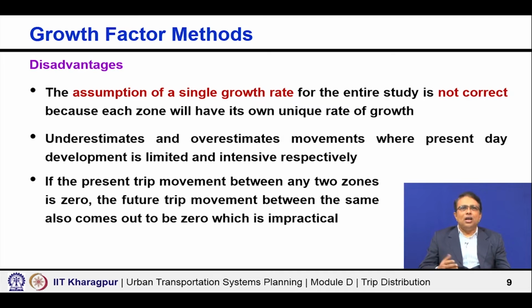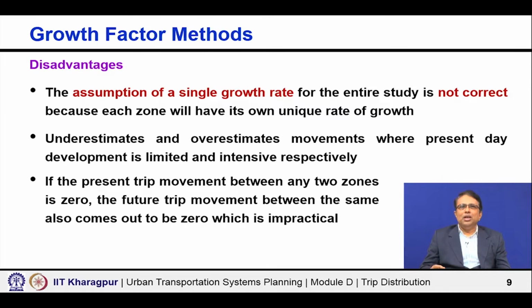Second, it underestimates and overestimates movements where present day development is limited and intensive respectively, because you are using a multiplier. Of course, this is a common issue probably with all the growth factor based models. Since you are using the same multiplier, the lower values will remain lower, the higher values remain higher.